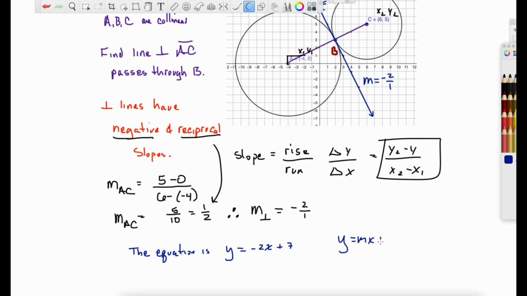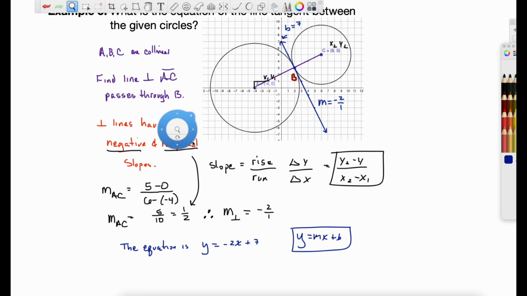This is our slope-intercept form right there. Okay, there we are. So that is the equation of the tangent line that passes through circles A and C. And the point of tangency has to be collinear with A and C. Otherwise, it wouldn't be the point of tangency.